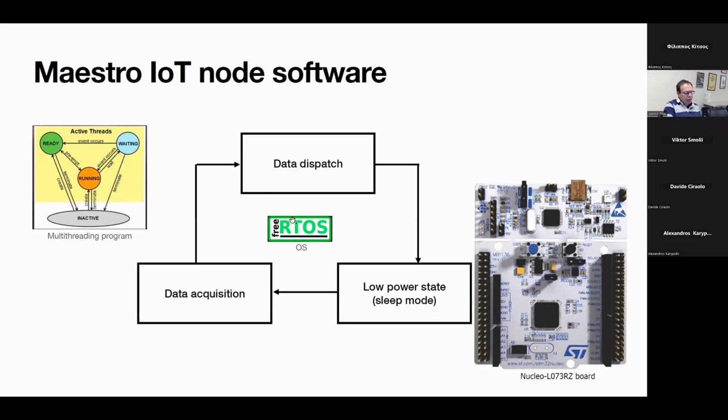And the program goes through these modes. So first, it is in a sleep mode, which means low power consumption. When the thread is awake, then we have the data acquisition from the sensors, and then we have the data dispatch, which means communication with the other microcontroller unit, which implements LoRa communication.